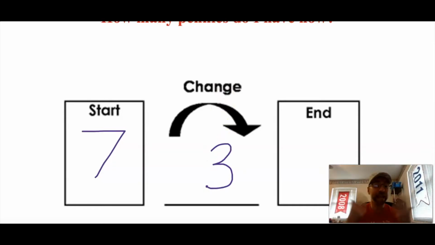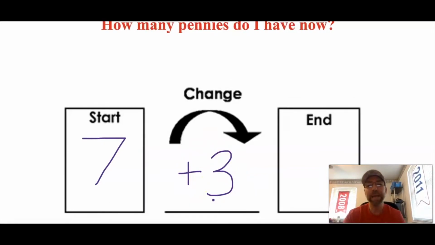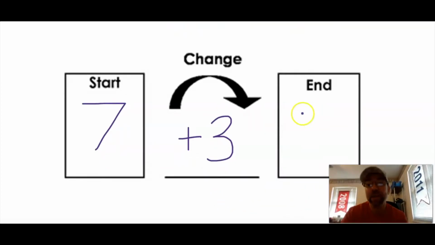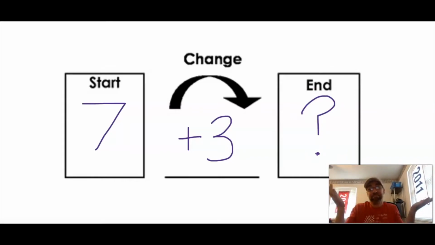But because we're getting more, we can use the plus sign in front of it. Plus 3. We started with 7, and we're getting 3 more. How many pennies do I have now? I don't know yet, so I'm going to put the question mark.